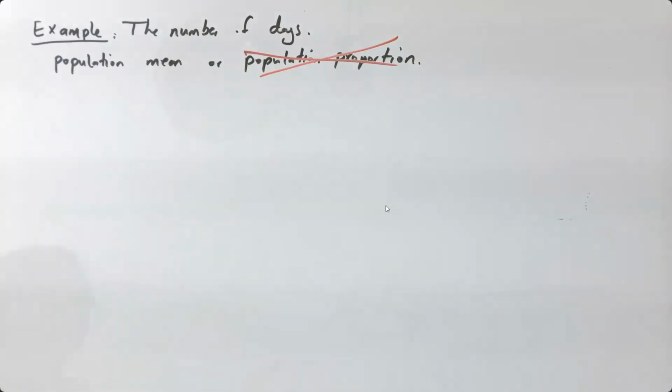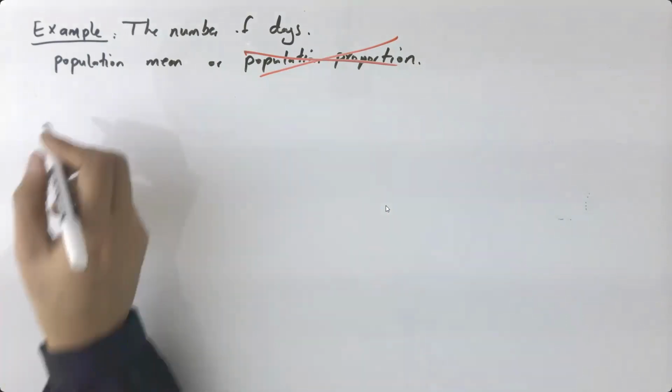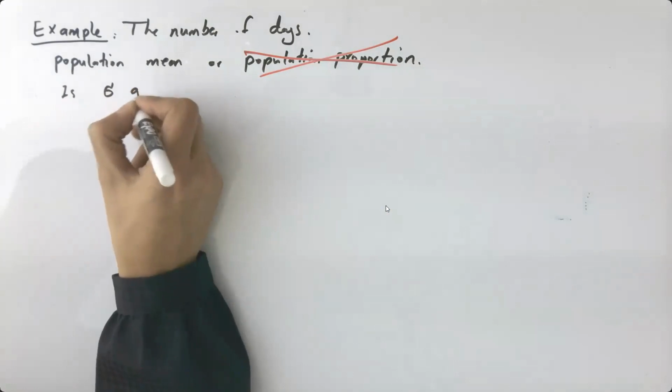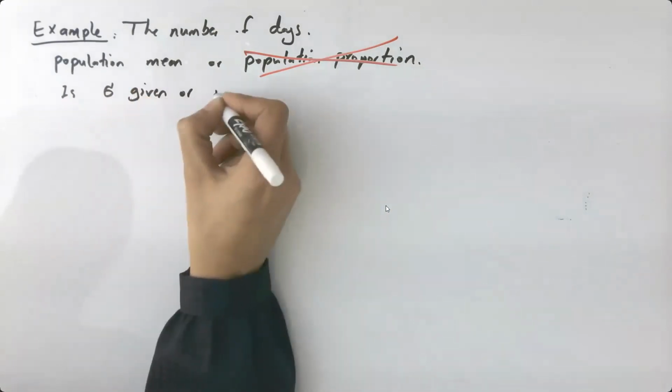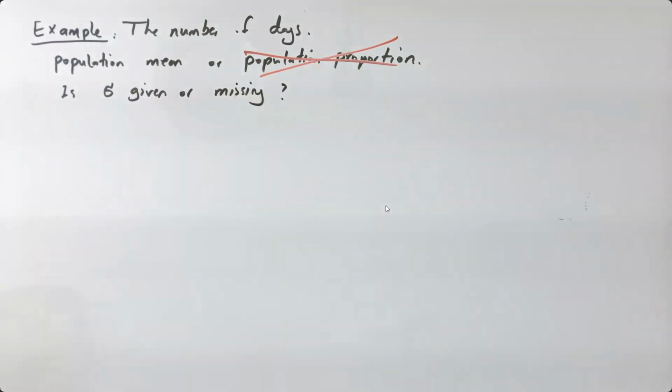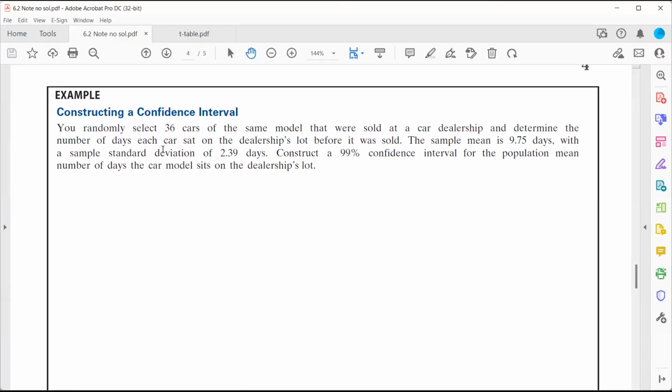The next important piece of information is sigma given or missing? Do we have information about population standard deviation or not? Take a look at the question carefully. The only standard deviation that I see is sample standard deviation. There is no information about population standard deviation.